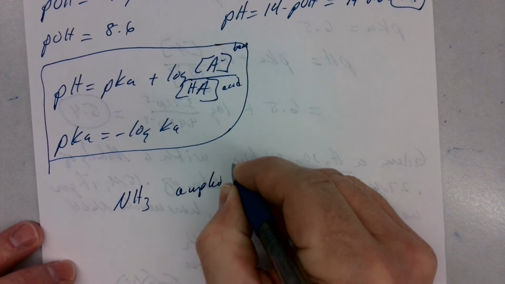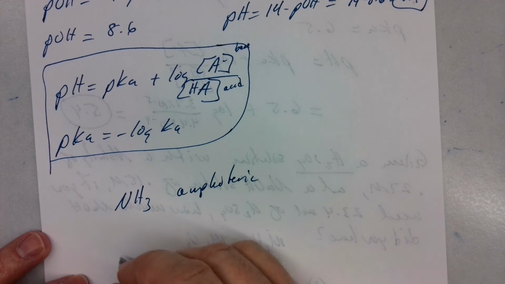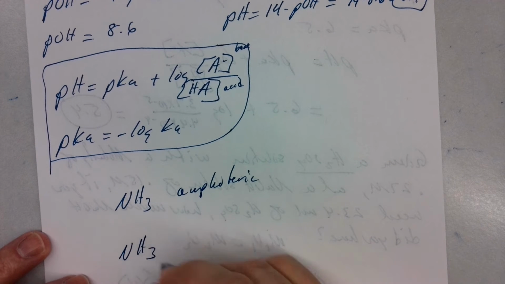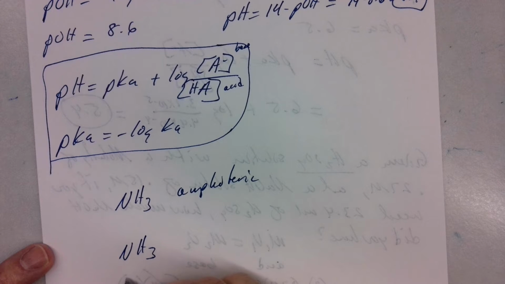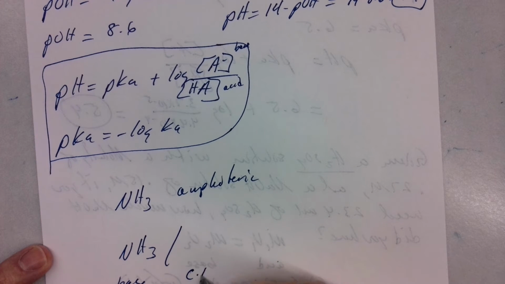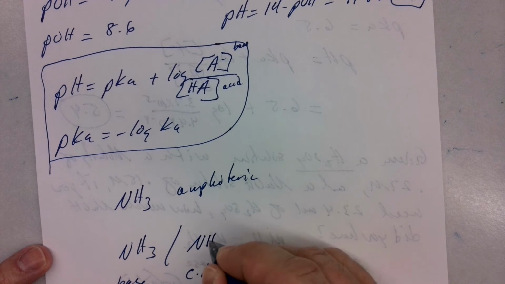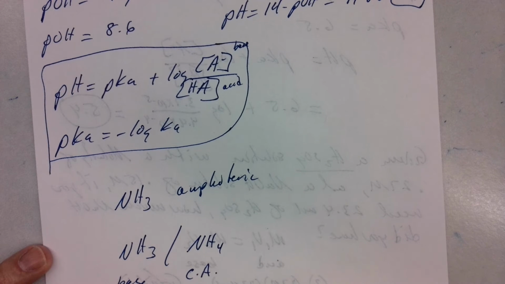If I take NH3 and I want it to be a base, its conjugate acid is formed by adding an H, so I get NH4 positive.